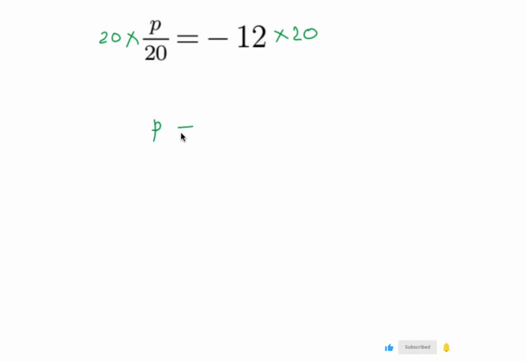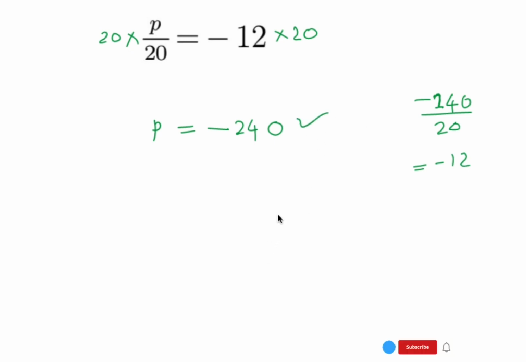So p equals, the answer is negative, 12 times 20: 12 times 0 is 0, 12 times 2 is 24, and this is the answer. Okay, let's check. The p value is minus 240 divided by 20. So yes, this is minus 12. So our answer is correct.